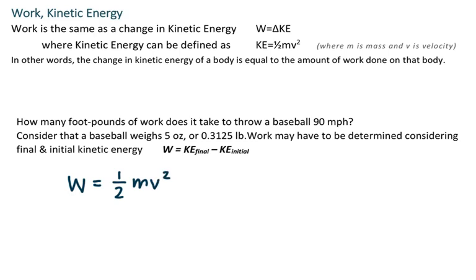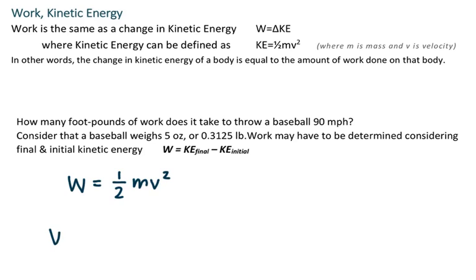Now, we want to notice that we are in the imperial system, miles, ounces, pounds, all right? So we're dealing with miles per hour, and we want foot-pounds. So I'm going to go ahead and change that miles per hour into feet per second.